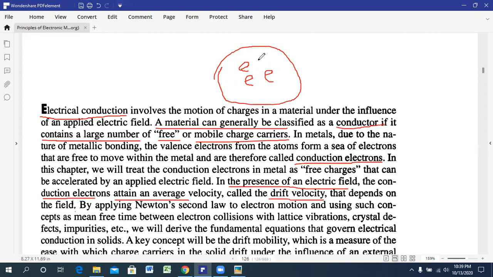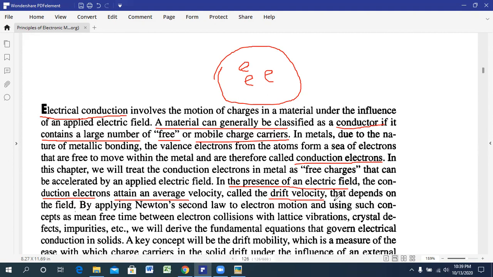That means if you look at the top of this figure, these electrons will collide with each other and move from one place to another, and they will experience a velocity, and this velocity is known as drift velocity.